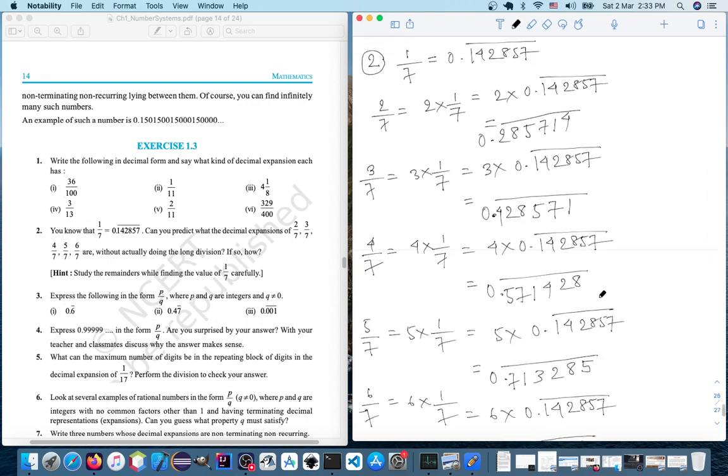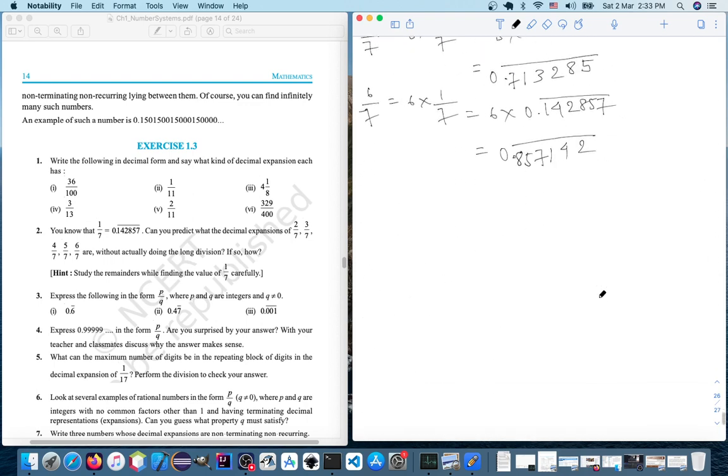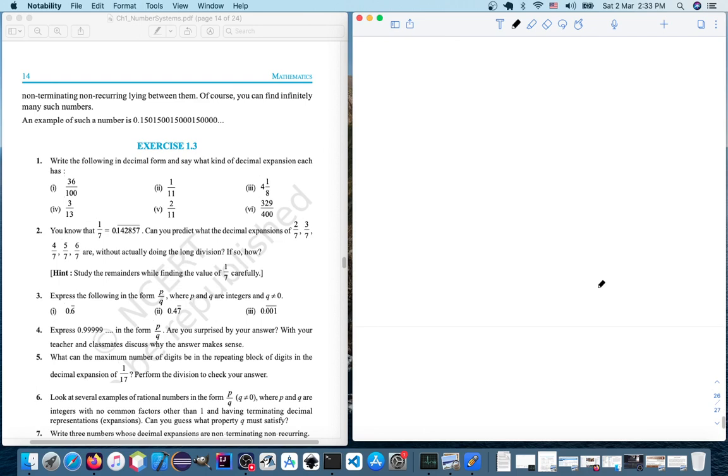Okay, let's see number 3. It says express the following in the form p by q, where p and q are integers. So we are given some non-terminating recurring decimal numbers. We have to convert them into the rational form p by q.